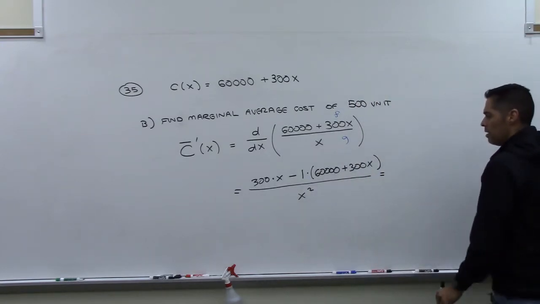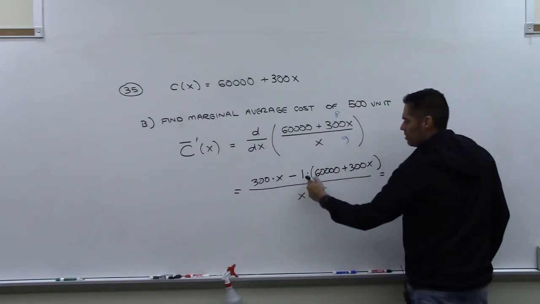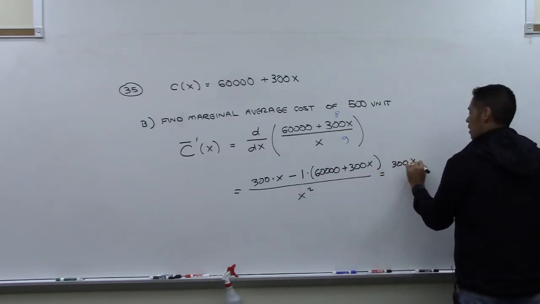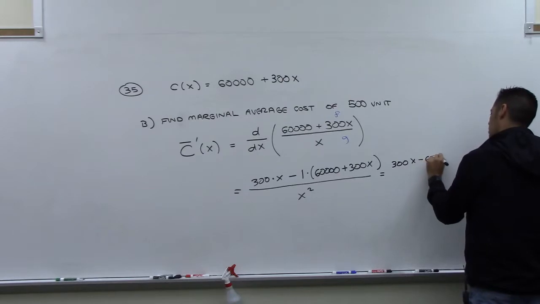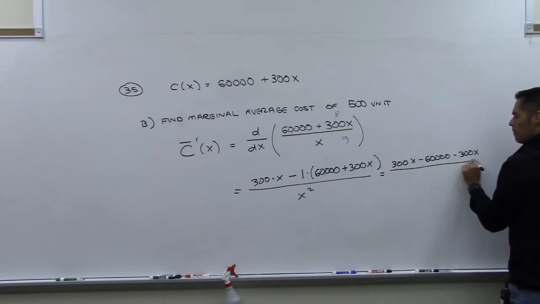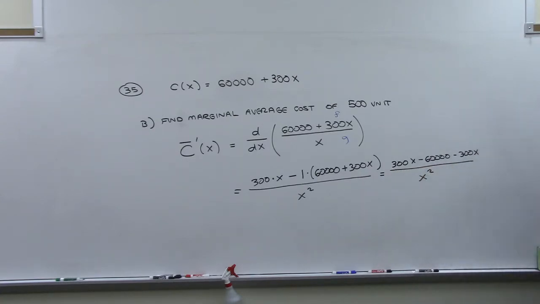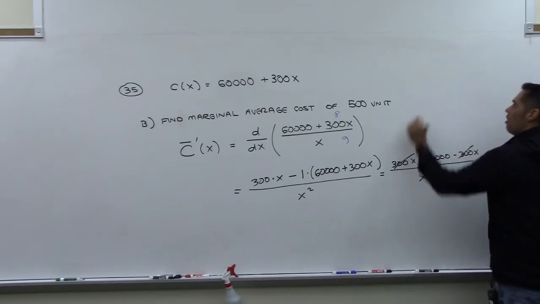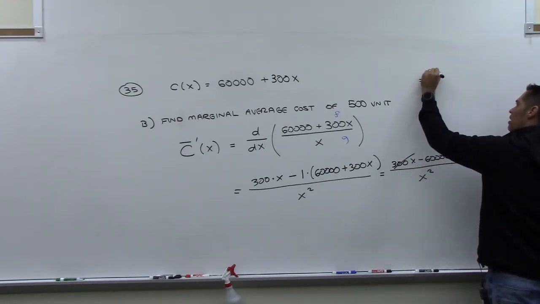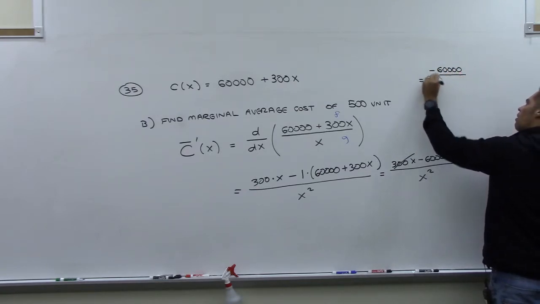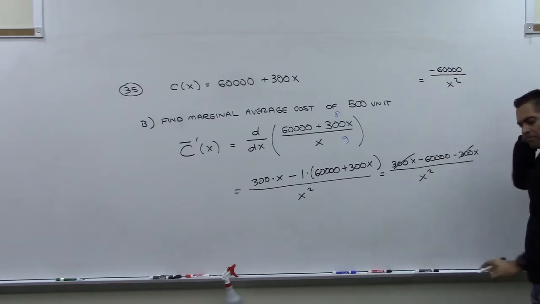Okay, so now let's just clean up. This is just 300x, and then we distribute a negative through here. So 300x minus 60,000 minus 300x, all over x squared. And notice that the 300x cancels. And so all you're left with is negative 60,000 over x squared.